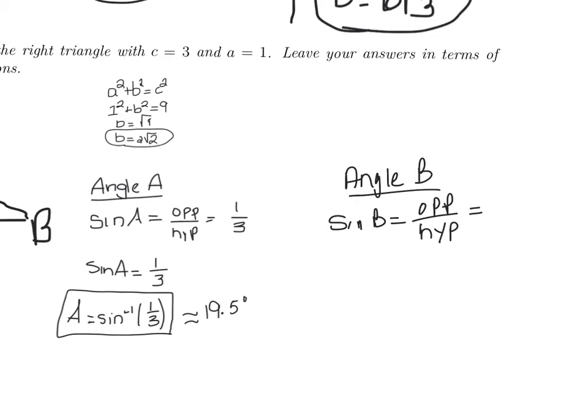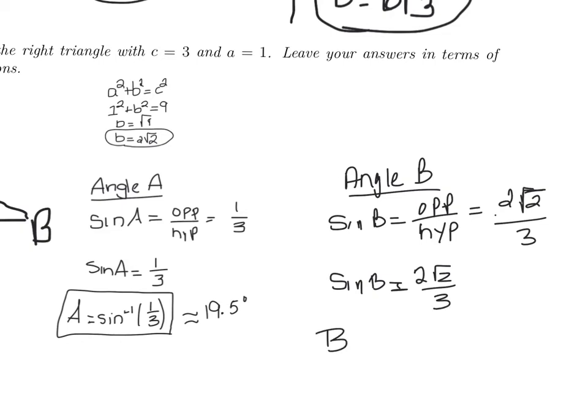Opposite is side B, which is 2√2. And hypotenuse is 3. So we have that the sine of angle B is 2√2 over 3.